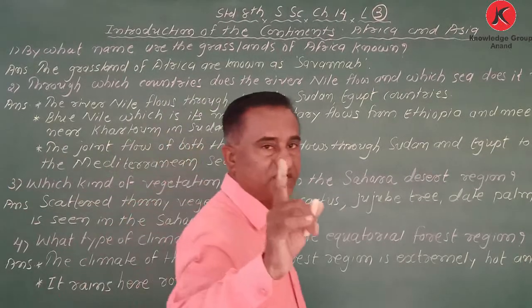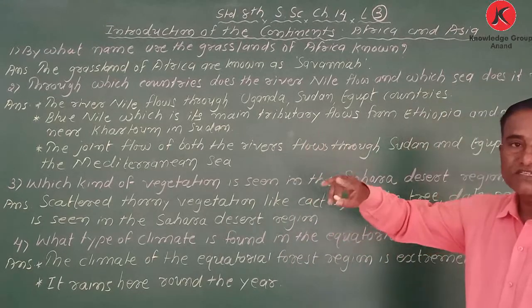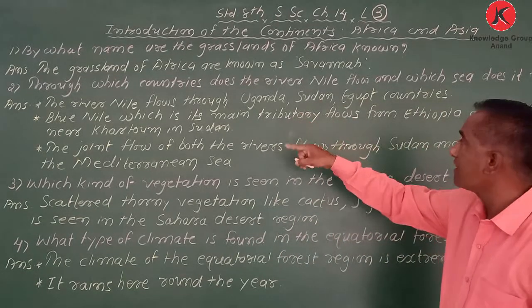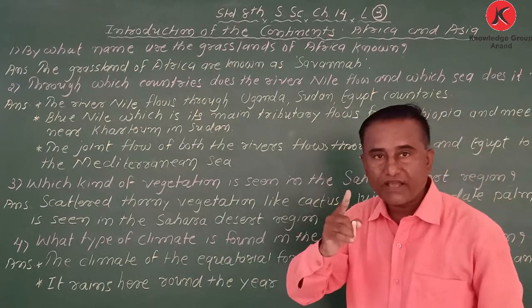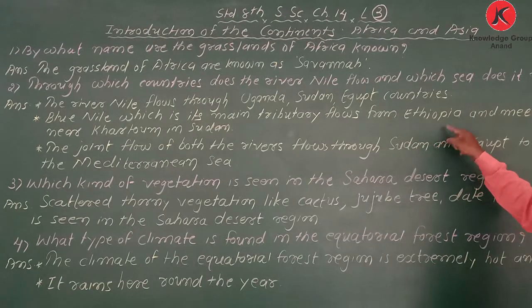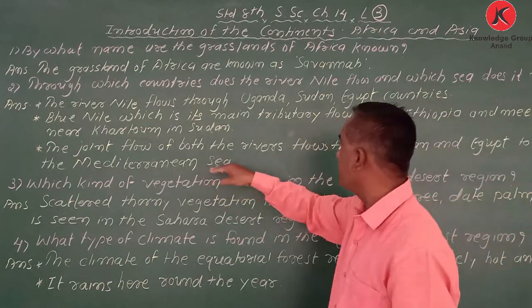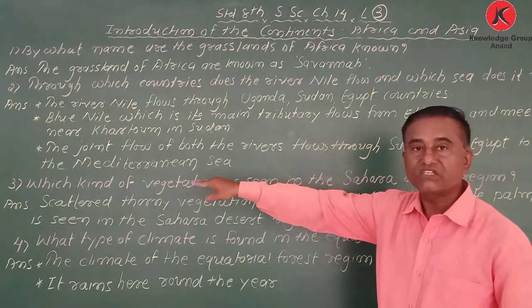So which is the longest river? Nile. The Nile passes through Uganda, Sudan, and Egypt. Another tributary is called the Blue Nile, which passes from Ethiopia and joins it in Sudan. And at last they meet the Mediterranean Sea.